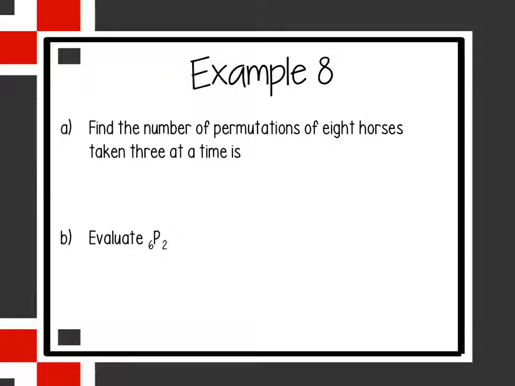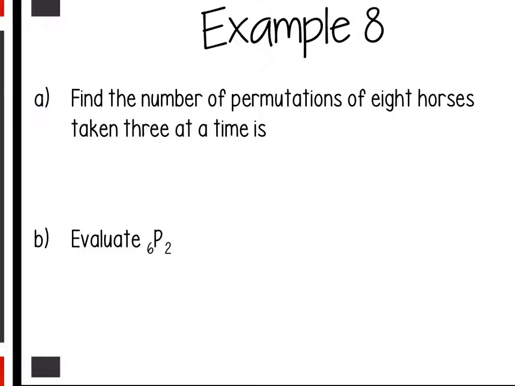So a question would look something like A: Find the number of permutations of 8 horses taken 3 at a time. So what's my n? 8 horses, right? How many are you taking at a time? 3, that's your r. My formula is n factorial over n minus r factorial.